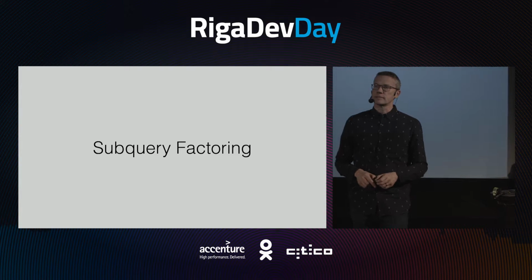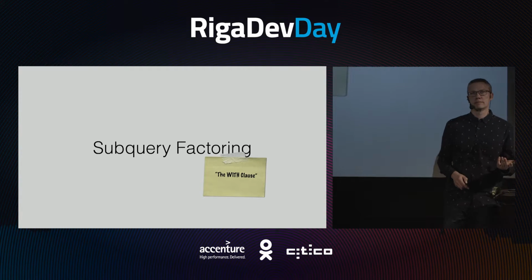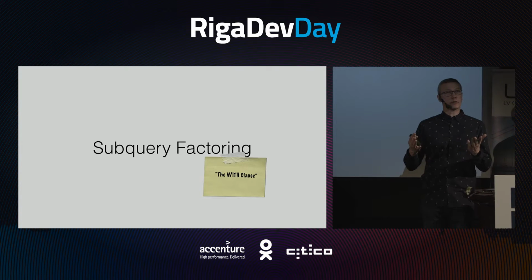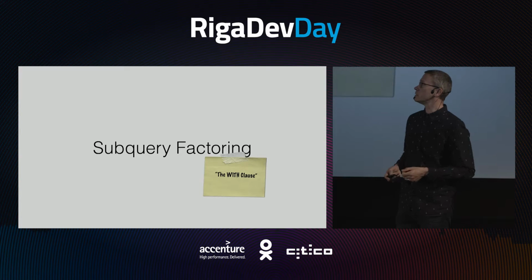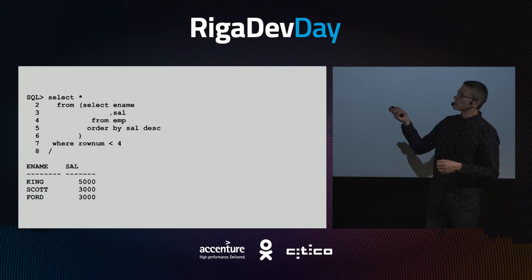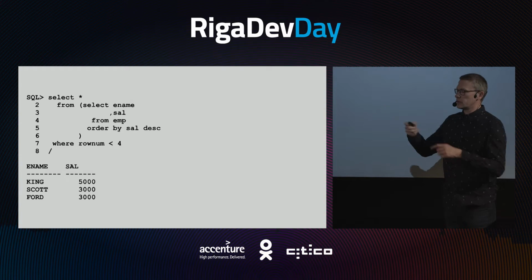Next one, subquery factoring. You know, it's the with clause. You're familiar with the with clause, where you can use a query as a named query. So we already saw this query earlier on with the ranges, the top n.